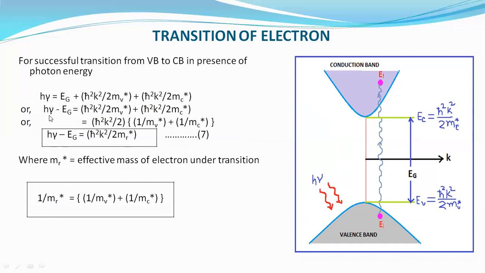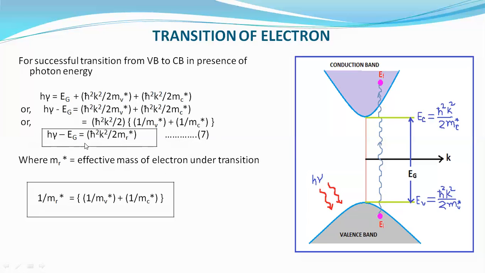If I take Eg to this side, h nu minus the energy gap is equal to h cross square k square upon 2 mv star plus h cross square k square upon 2 mc star. Taking h cross square k square upon 2 common, it is 1 upon mv star plus 1 upon mc star.